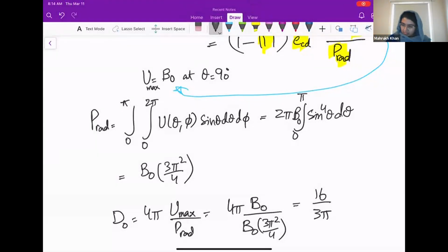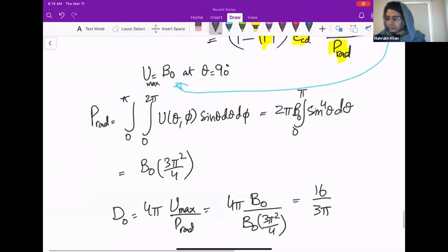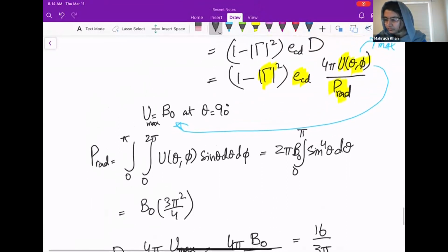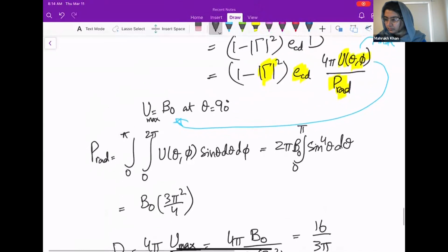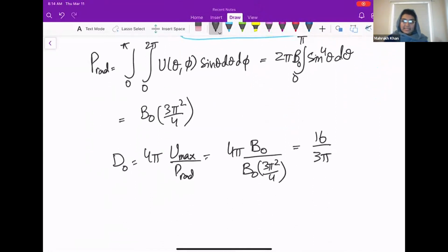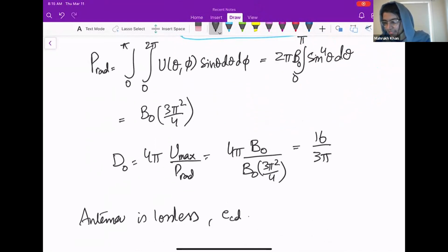Now, what I will do, I will see what is ECD. Okay. Because they have mentioned that the antenna is lossless, in a lossless antenna your ECD is equal to 1.